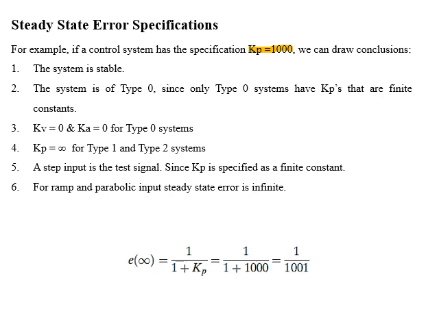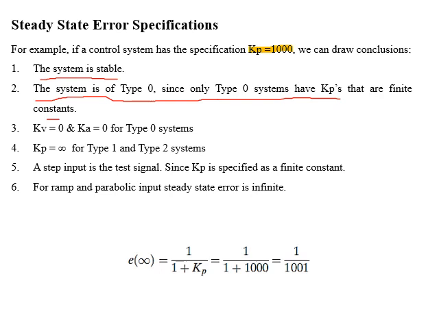Now the conclusion we can draw is that if static error constant is given, it means that our control system is a stable system. Position constant has a finite non-zero value, which means that it is a type 0 system. Type 0 system has no integrator in the forward path.